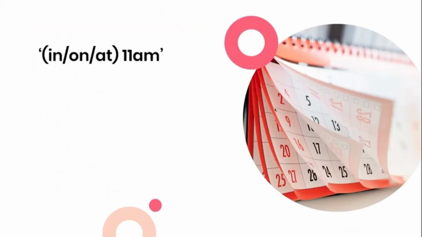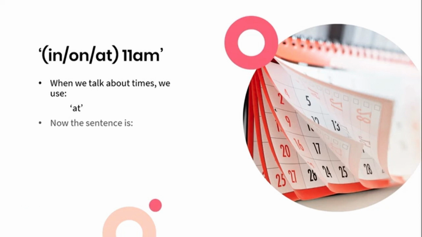Let's look at 11 a.m. now. When we talk about times, do we use the prepositions in, on, or at? At. So, finally, now the sentence is, the baby was born in December on Monday at 11 a.m. Perfect.